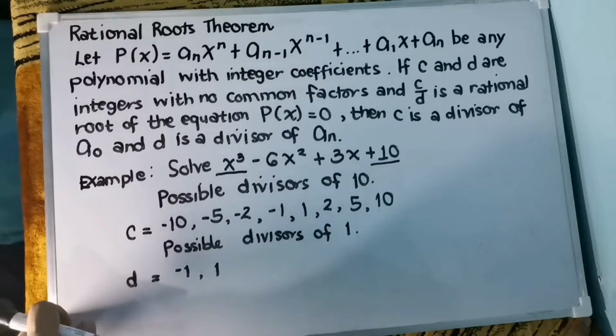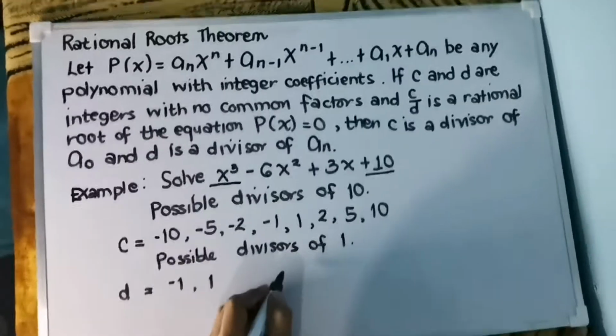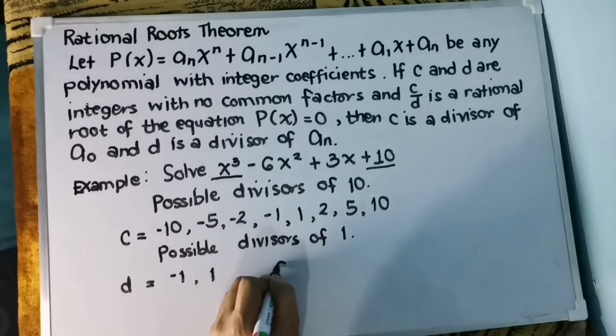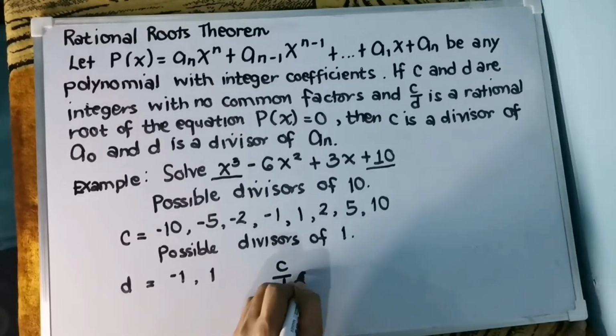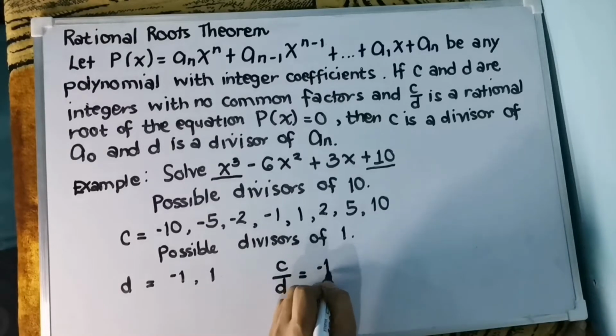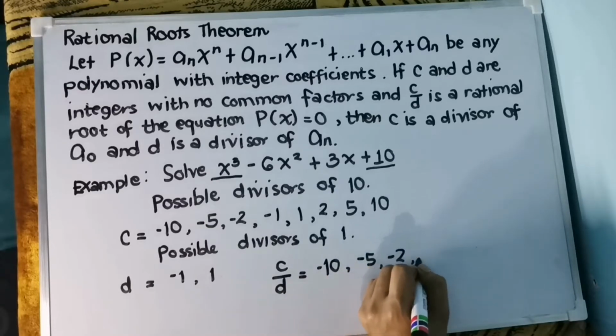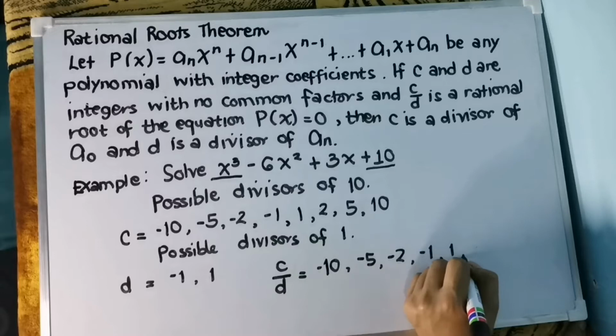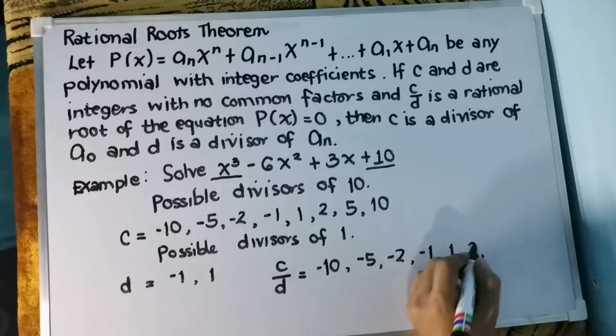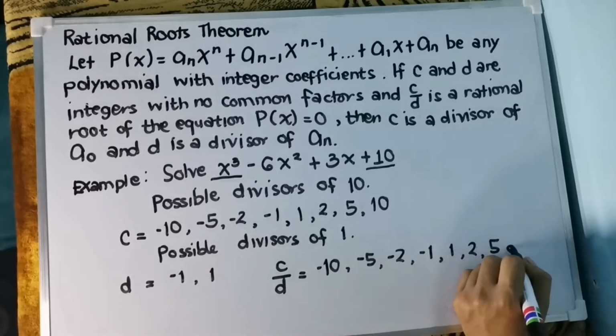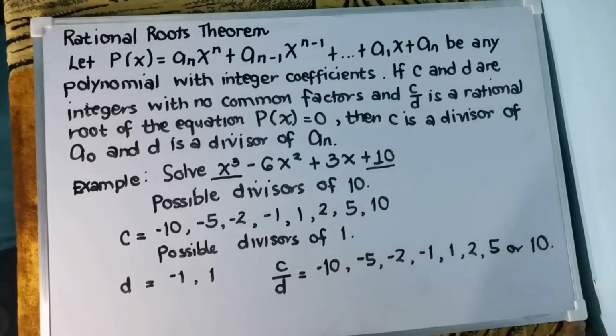Okay? So, therefore, we can say that our C over D is negative 10, negative 5, negative 2, negative 1, 1, 2, 5, or 10.